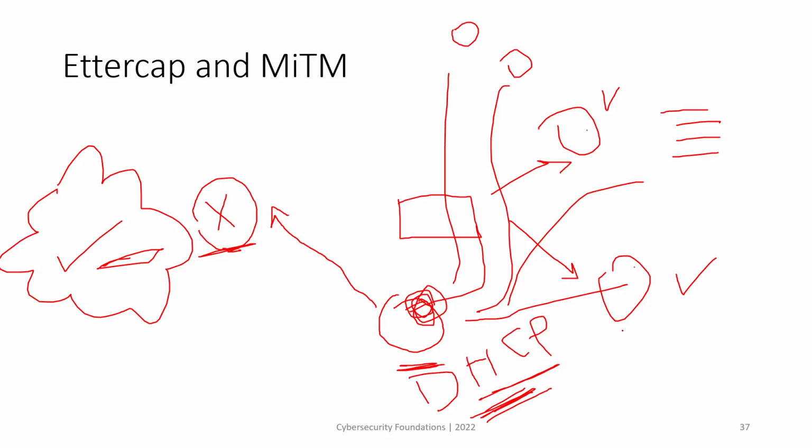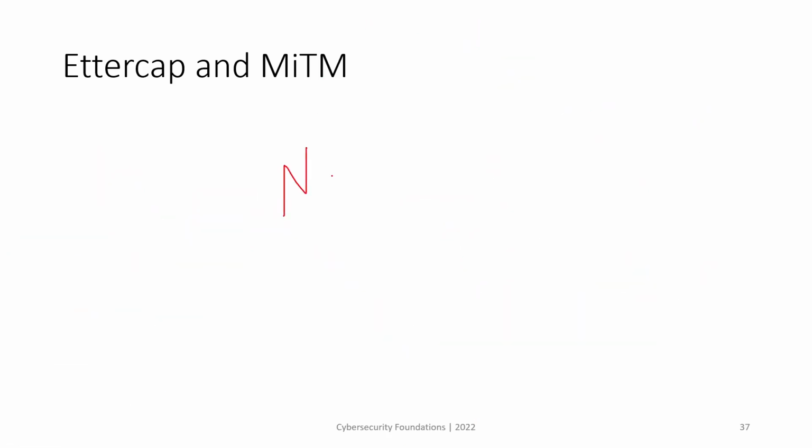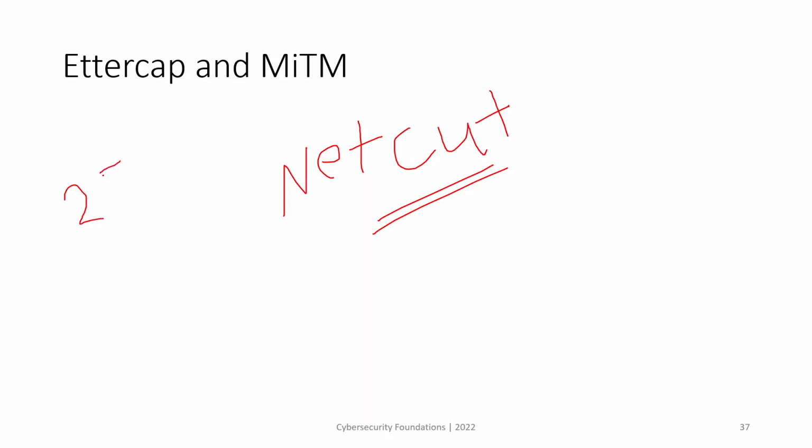Yeah. Maybe 15 years ago or something like this, we had an application called Netcut. I don't know if you are familiar with Netcut or not. Back in 2005, the speed of internet was like 256 kilobit per second, which is very low.